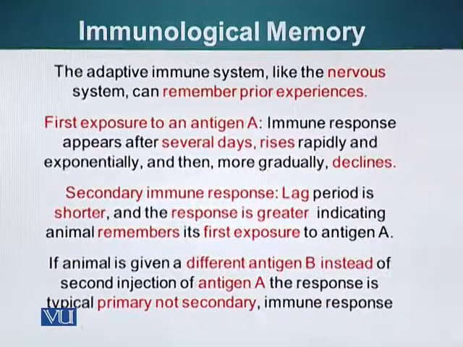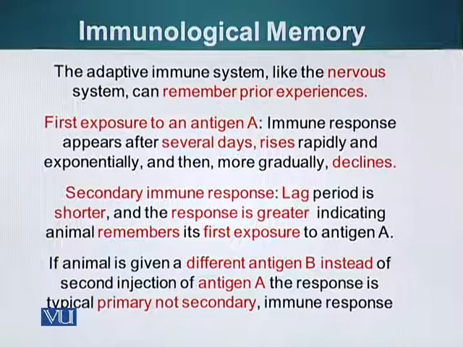Our immune system also has a memory, just like our nervous system. It can remember prior experiences of encounter with a particular antigen, which, for example, may originate from a pathogen. On first exposure to antigen A, the immune response appears after several days.